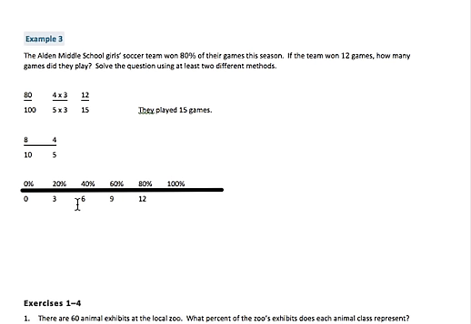If our pattern is counting by 3s, then at the 100% location, we should be at 15. Again, we determined that we had 1, 2, 3, 4 divisions to fill before we could get to 12. So we took 12 and we divided it by 4, which was 3 for each division. And so we used that pattern to fill in each of those spots and then continued the pattern to get to 100%.